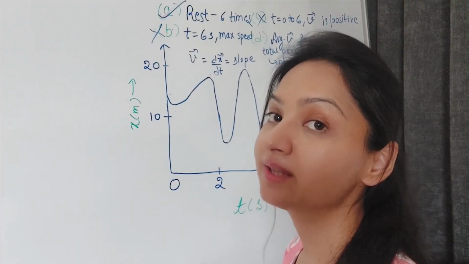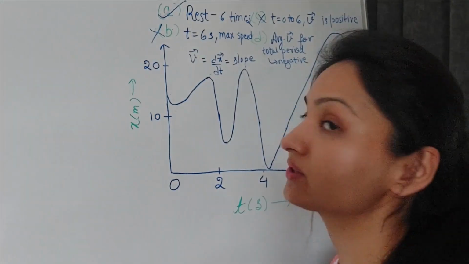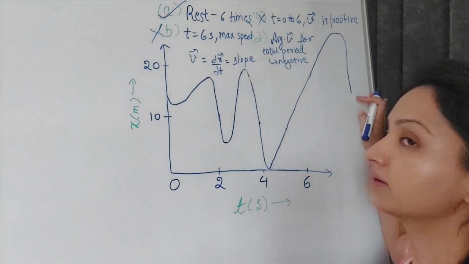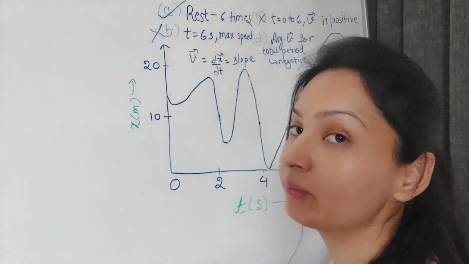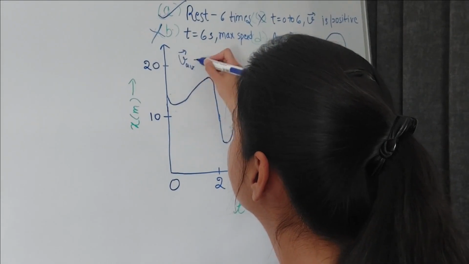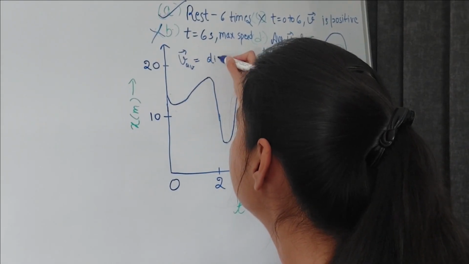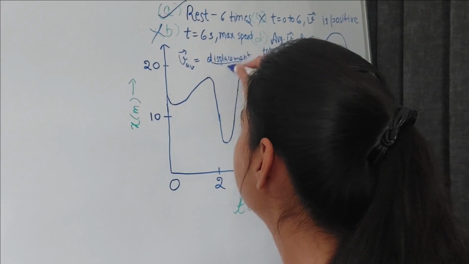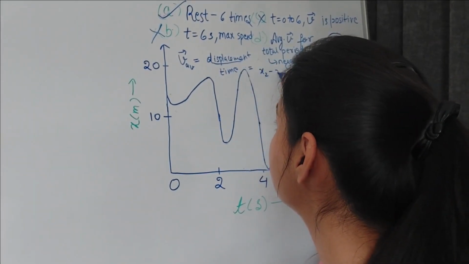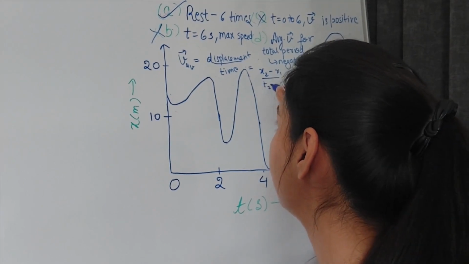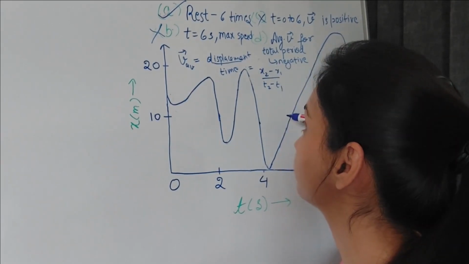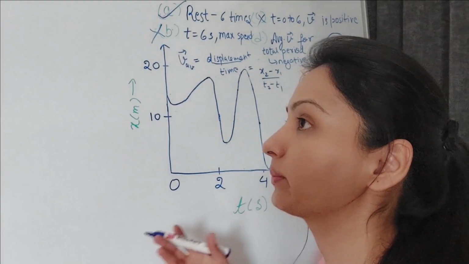So now coming to the last option, option D, which says that average velocity for the total time period is negative. Now this is average velocity, and you know average velocity is displacement over time, which is nothing but change in the position over the time interval. x2 is the final position, x1 is the initial position, and t2 and t1 are their respective times.